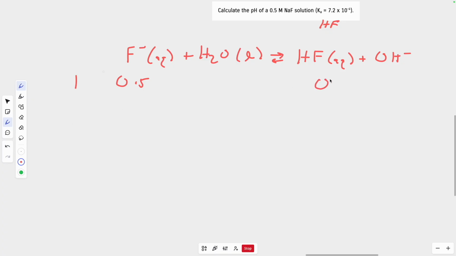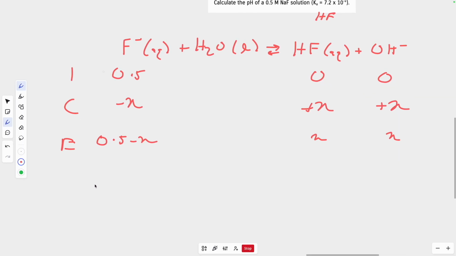HF is going to be 0 and OH minus is going to be 0, and we're going to ignore the water because it's a liquid. For the change, we're definitely going to proceed towards the products, so this is going to be minus x, and this is going to be plus x and plus x. And equilibrium is going to be 0.5 minus x, x, and x.